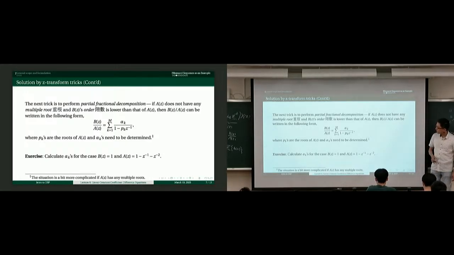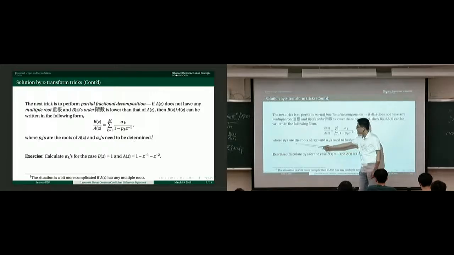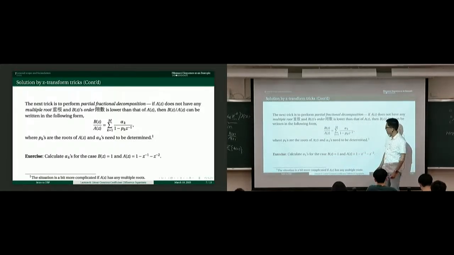All right, so let's follow the slide. This trick is called partial fractional decomposition. If we are fortunate that A(z) does not have any multiple roots and B's order is lower than that of A, then B(z) divided by A(z) can be further rewritten in the following form, where the P's are the roots which we have calculated, and the alpha coefficients need to be determined.